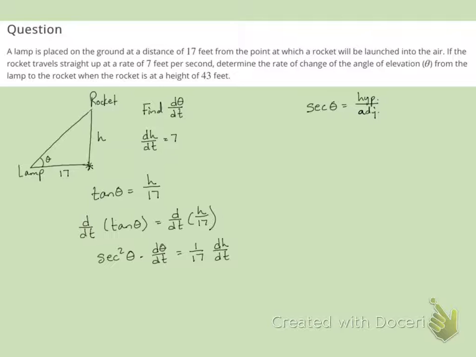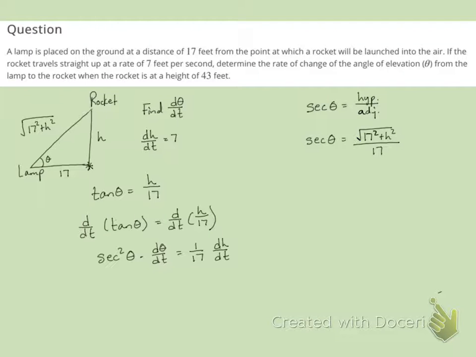So I know that this side over here is 17 squared plus h squared, and if I take the square root of that, I'll have the distance of the hypotenuse. So I know that secant of theta is going to be the square root of 17 squared plus h squared over the adjacent side, which is 17.